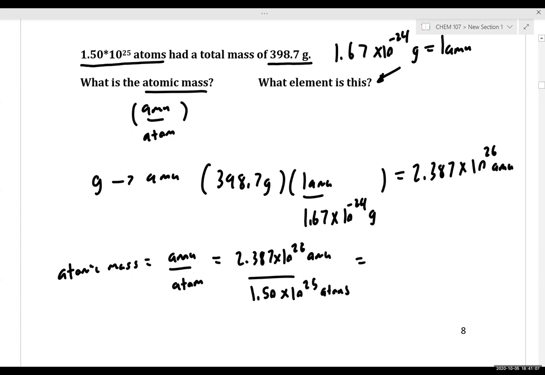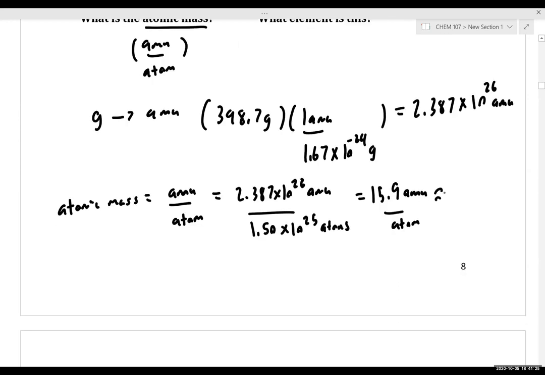Punching this into our calculator, that in turn gives us 15.9 AMU per atom, which is pretty close to the atomic mass of oxygen. So we tentatively assign this sample as a sample of oxygen.